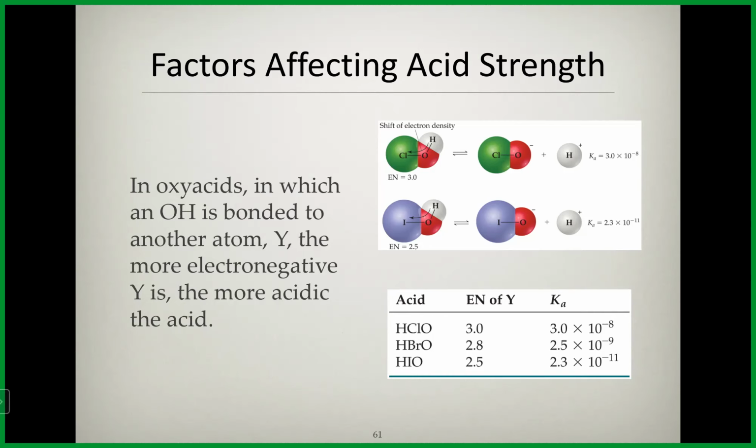Because if we think about the electron density shifting to the left, we're taking the electrons in that oxygen-hydrogen bond and pulling them further left as well. So the hydrogen itself is going to have less of a hold on the electrons, if you want to think about it that way. So it's going to be easier to dissociate, easier to get that hydrogen ion free. And that's why if we look at HClO versus HBrO versus HIO, we see the acid dissociation constant decreases as we move down that group.